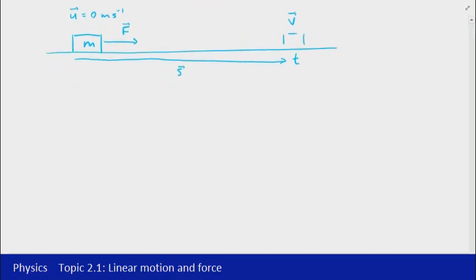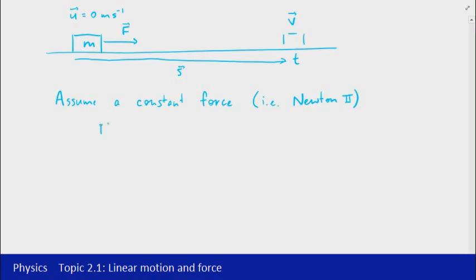Now we assume that a constant force is applied in this scenario, so that basically just simplifies the situation, and you'll notice as we go through physics we're all about trying to simplify it so that we can make sense of the basics and then introduce the complexity later. So if we have a constant force, that means we can use Newton's second law.